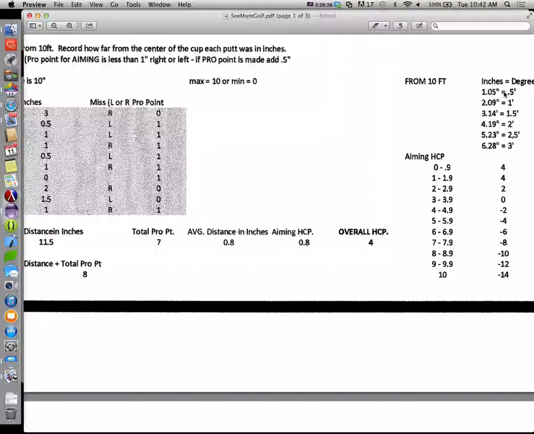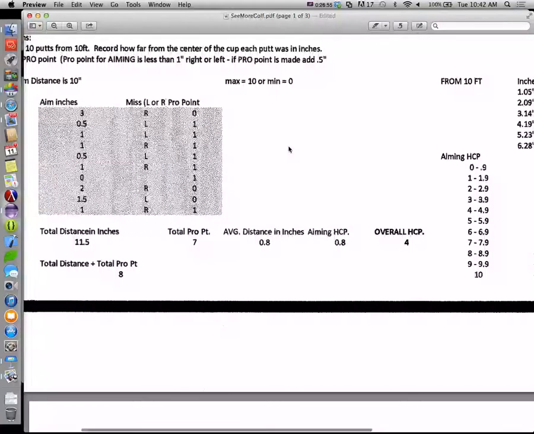I think that's how they're going to do it. The nearest half degree, because all of their measurements here are in steps of half a degree. So less than or equal to 1 degree after rounding is a pro point. They gave pro points here based on all of these things that were less than or equal to 1.